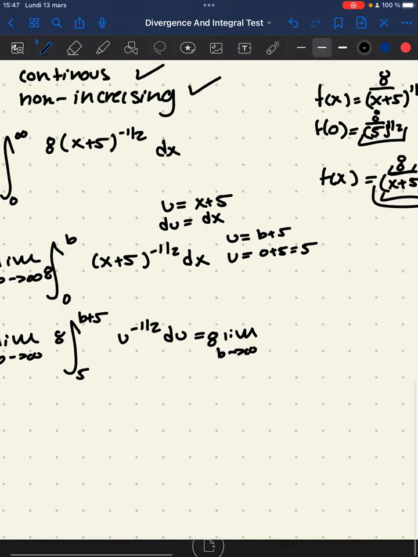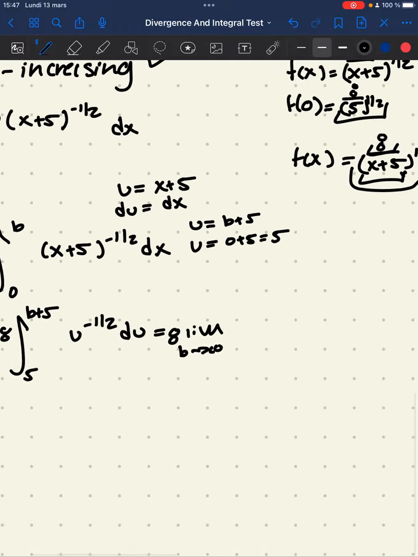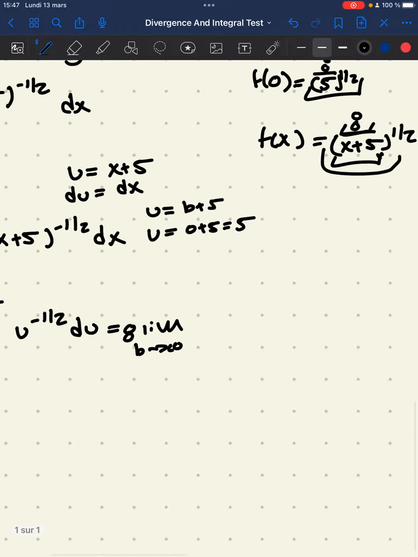8 times the limit as b approaches infinity, u to the negative 1 over 2, we can just add 1 to that, which is 2 over 2. And then it'll be u to the 1 over 2 divided by that new exponent, which is the same thing as saying 2u to the 1 over 2.